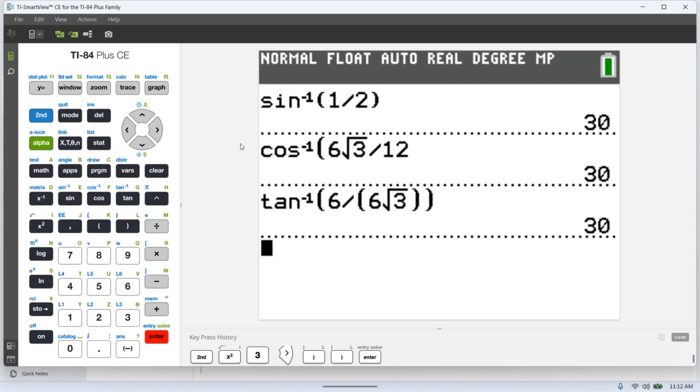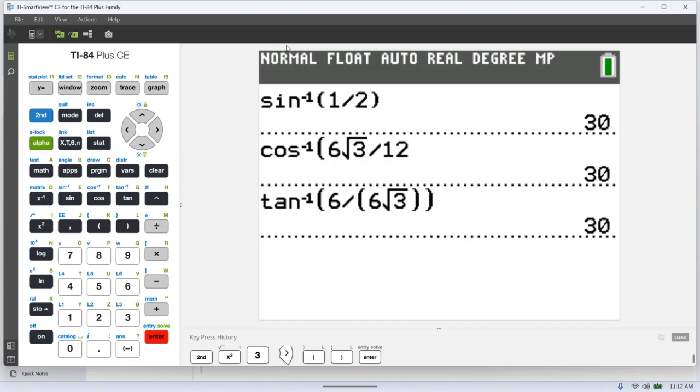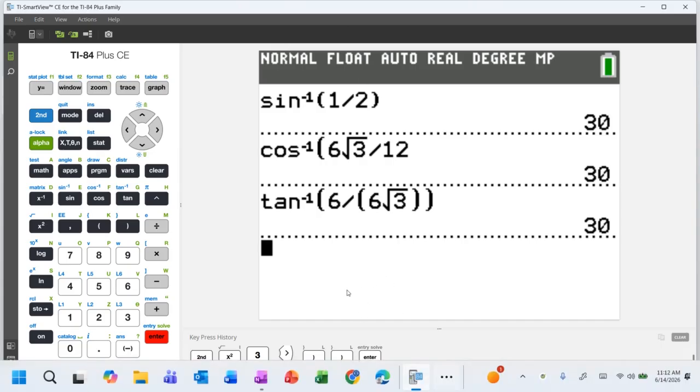So another good reason to use the sine for the opposite and the hypotenuse is you get to avoid having to use the root 3, which makes it a little bit more difficult to type in. Notice that for tangent, the 6 root 3 would need to be in parentheses itself, otherwise you'd get the wrong answer. So a number of good reasons to use sine, which is opposite over hypotenuse.